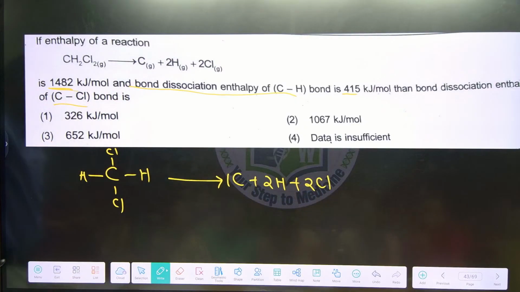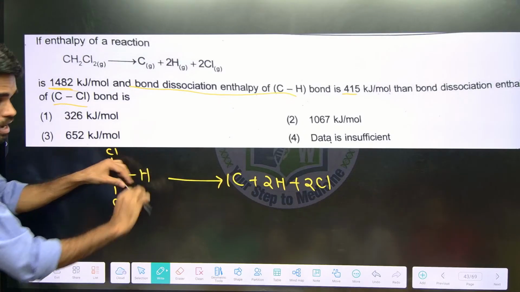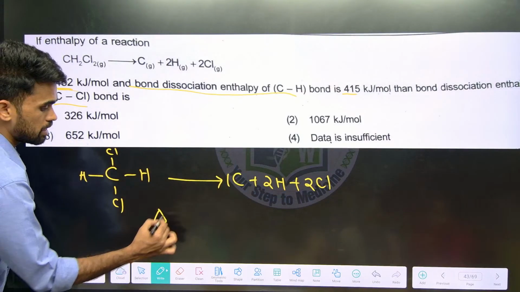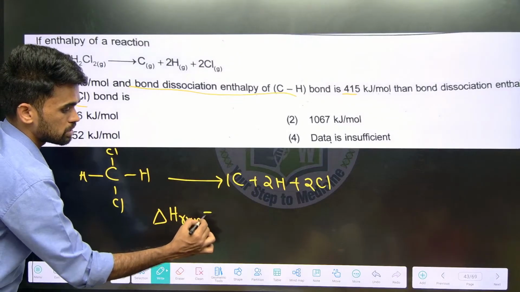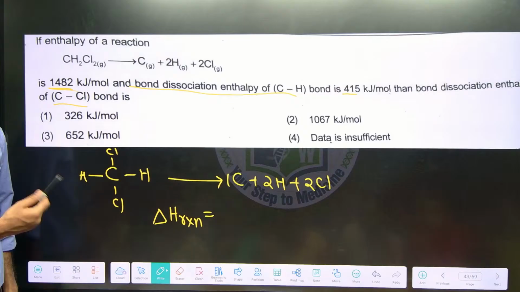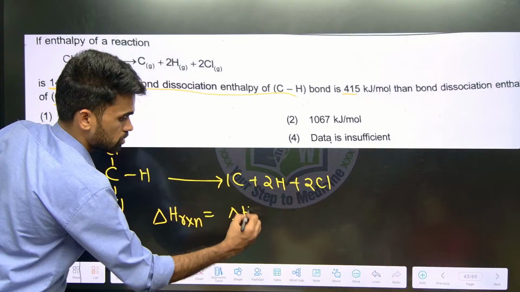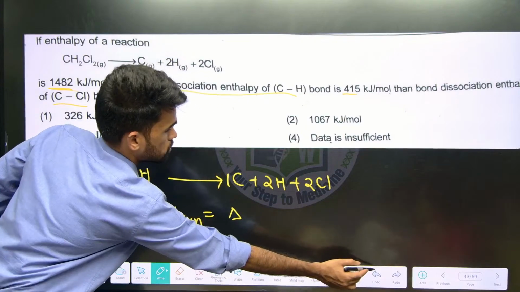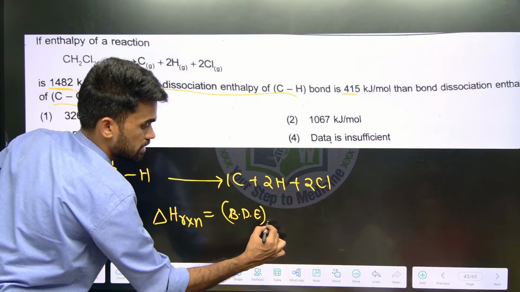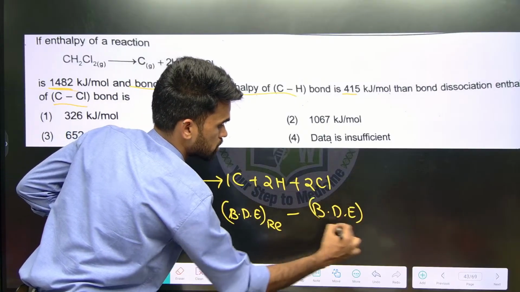We are breaking these bonds on this side only. So delta H reaction equals the bond dissociation energy of reactants minus the bond dissociation energy of products.